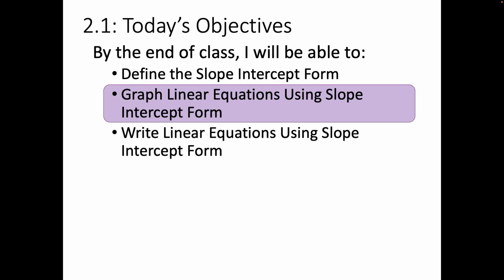So let me show you the process for doing that. Imagine we had this line, y equals 3x minus 4. I'm going to write it up here. Y equals 3x minus 4. Our slope-intercept form is y equals mx plus b.